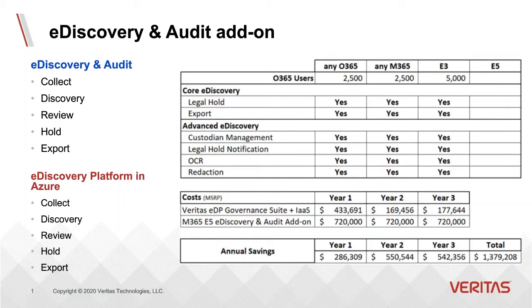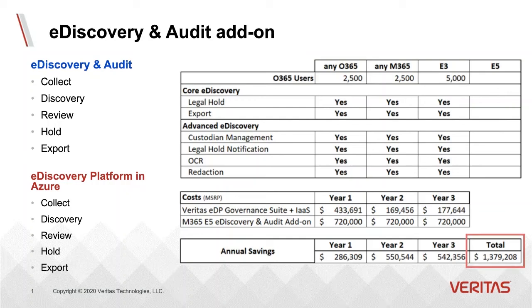So in that first year, you're going to save almost $300,000 in this scenario. If you keep rolling forward, year two, guess what? You have to pay another $720,000 because that's the way it works. You're paying this flat fee per month, so get out your checkbook, another $720,000 there for that. And you keep rolling forward. So if you look here at the annual savings, you're looking at a total of almost $1.4 million in 3 years.